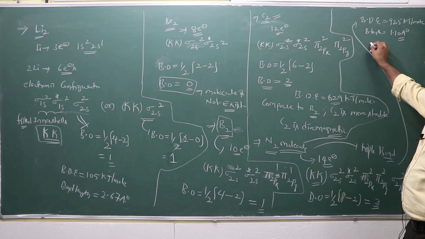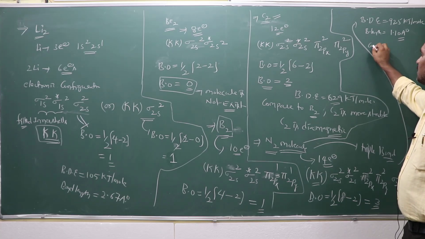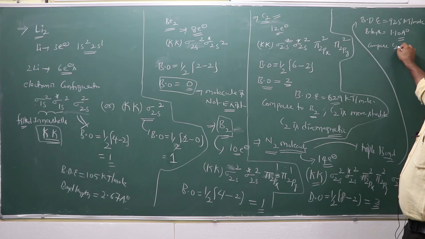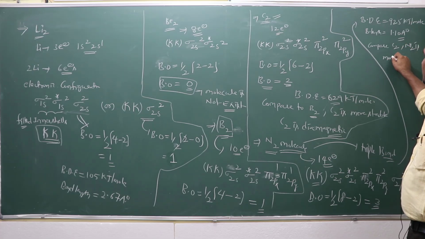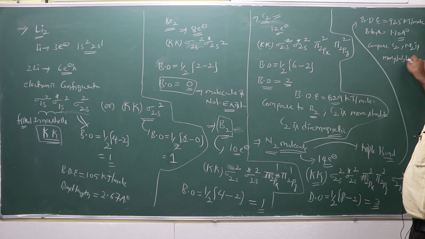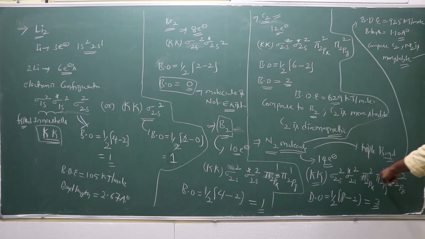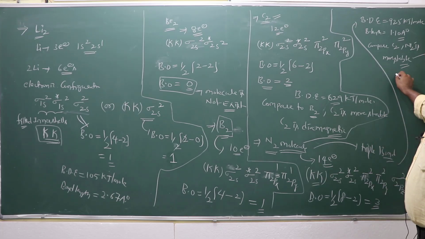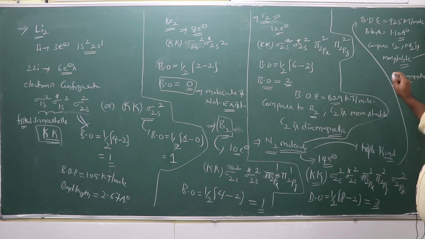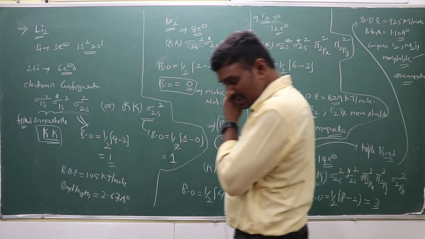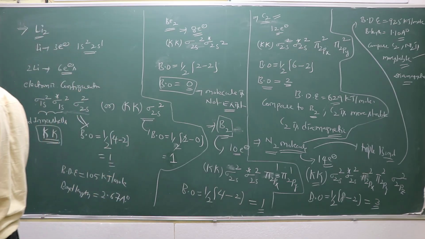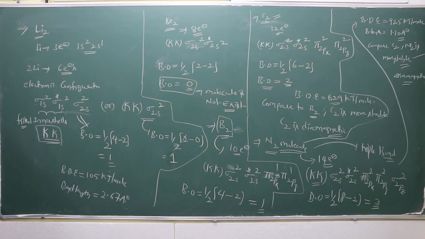So we can say that compared to C2, N2 is more stable. N2 is also perfectly diamagnetic because there is no unpaired electron. If there is no unpaired electron, that is considered diamagnetic.